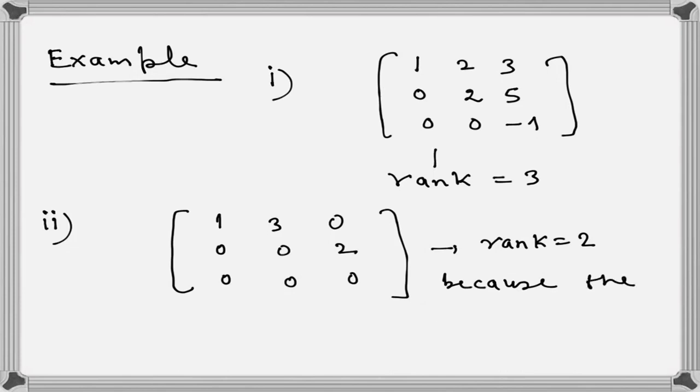So this is how we use elementary row operations to reduce the matrix to echelon form to calculate the rank of a matrix.